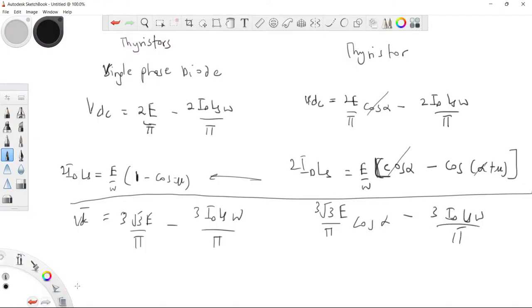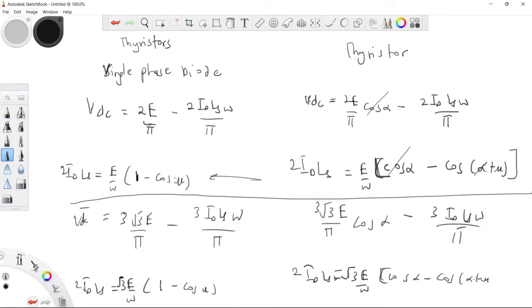Then our 2 Id Ls is E over omega times (1 minus cos mu), right? Then here I have the same Id Ls equal to root 3 E over omega times (cos alpha minus cos of alpha plus mu).